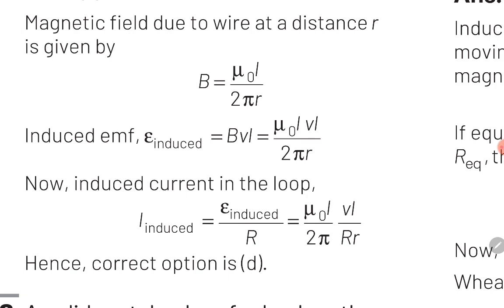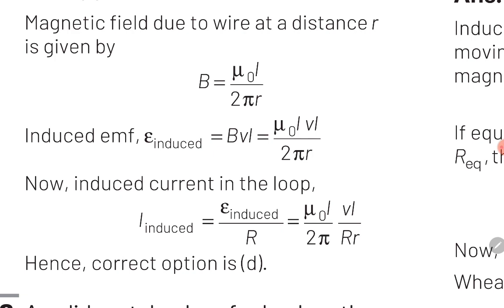So guys, after substituting the value of B, we will obtain induced EMF as equal to mu naught IVL divided by 2 pi into small r. Guys, once we have found the value of induced EMF, we can easily find induced current by using Ohm's law. Induced current will be equal to induced EMF divided by resistance capital R. So guys, our final answer for induced current will be equal to mu naught IVL divided by 2 pi into capital R into small r.